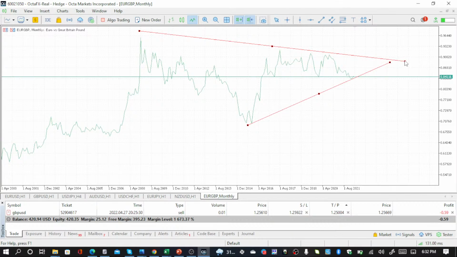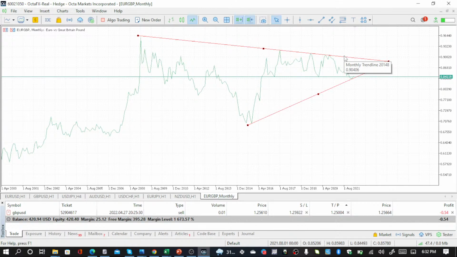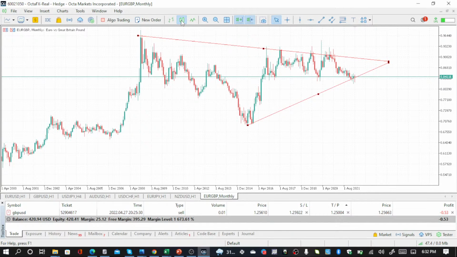Okay, now as we can see clearly, we have a symmetric triangle on the monthly time frame of the Euro Pounds.